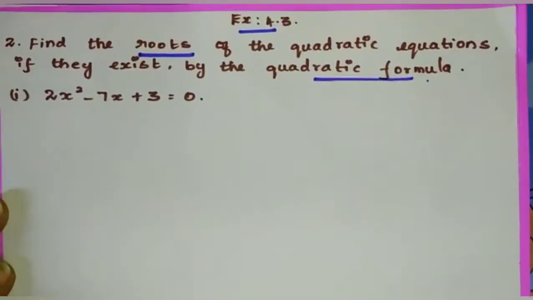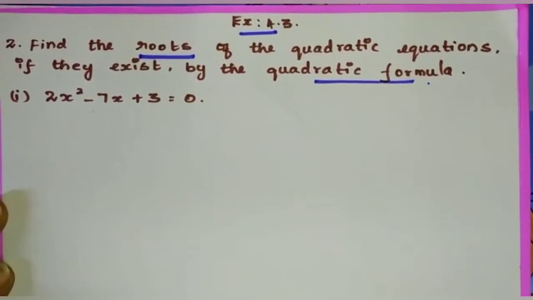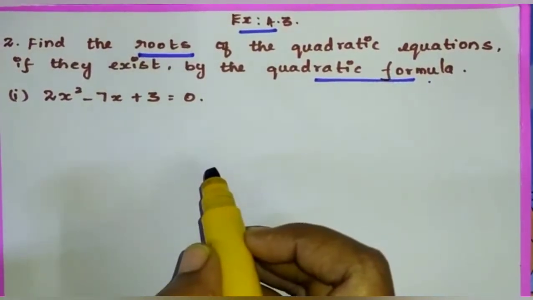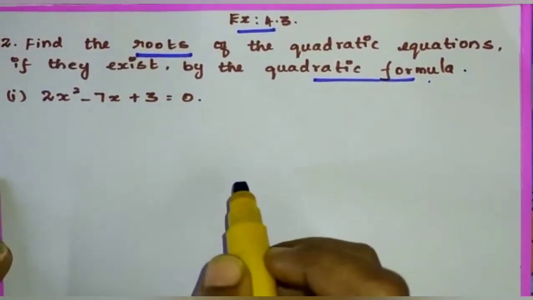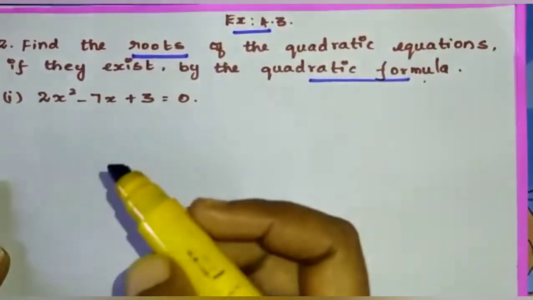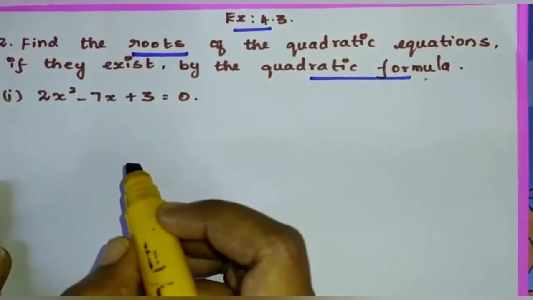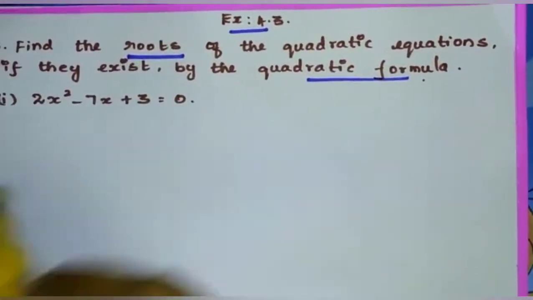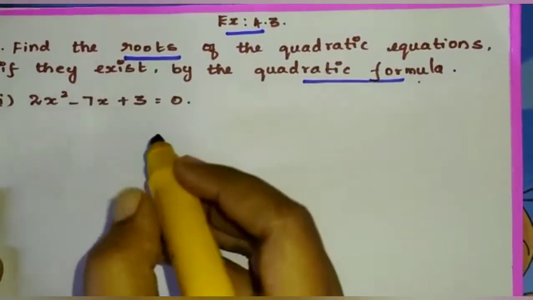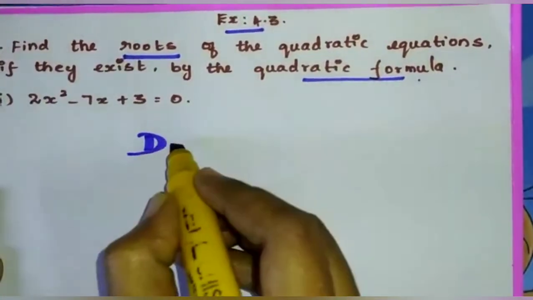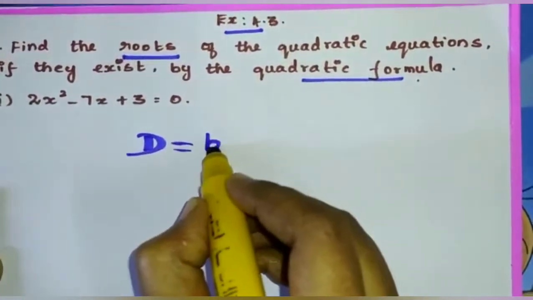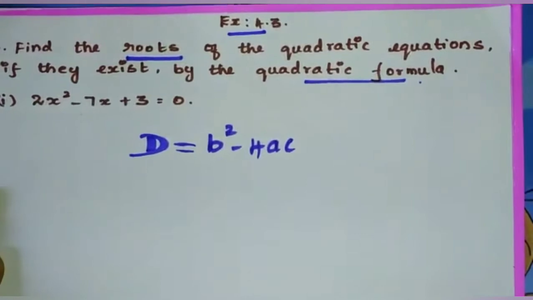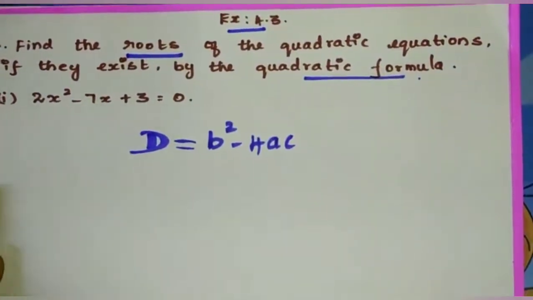So first we have to find the nature of the roots, whether we will get two distinct roots or equal roots. What do we have to find first? The discriminant formula. D is equal to b square minus 4ac. This is the discriminant formula.